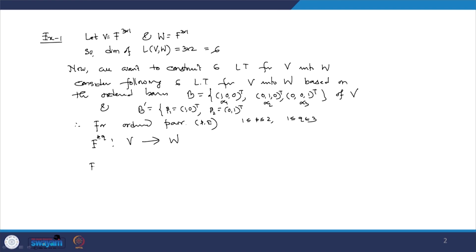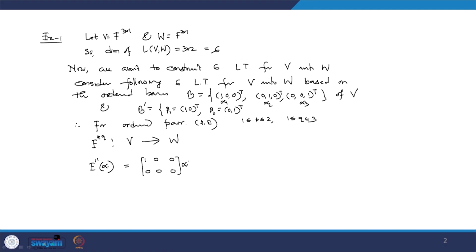So, E11 for any alpha belonging to V is equal to, let me define, it is like this, the matrix [1 0 0; 0 0 0], times alpha.